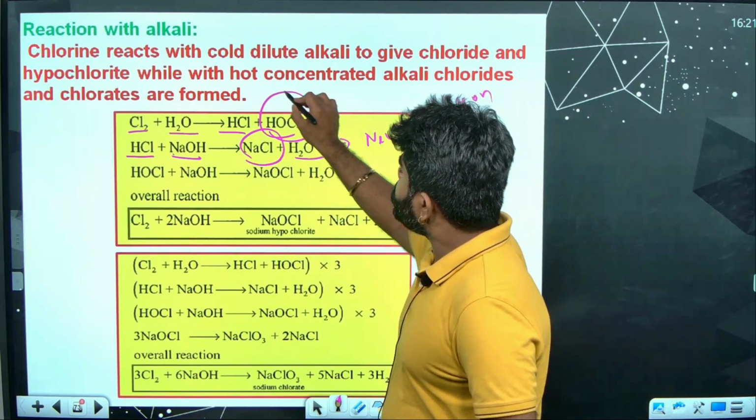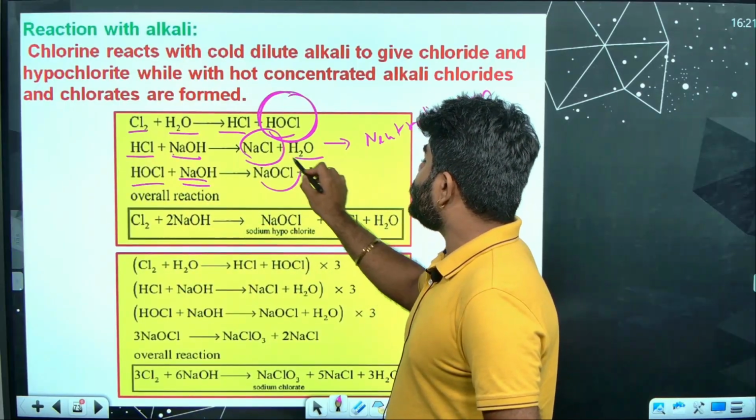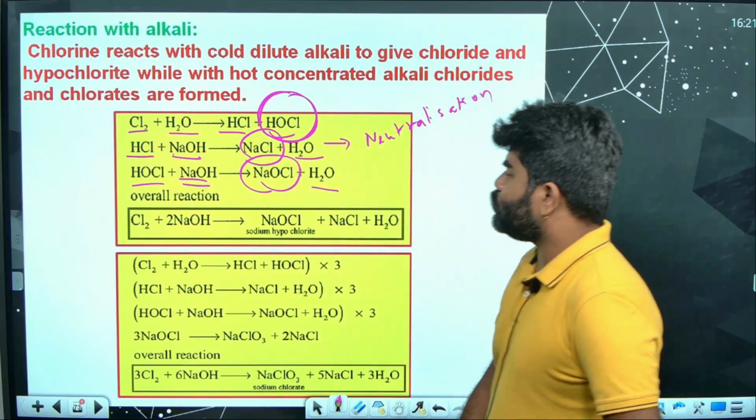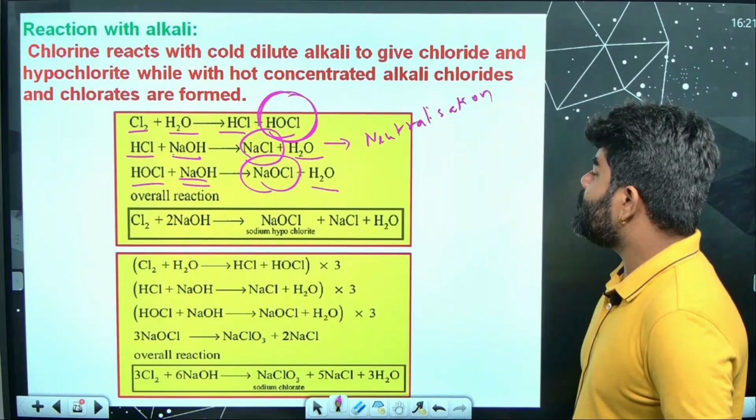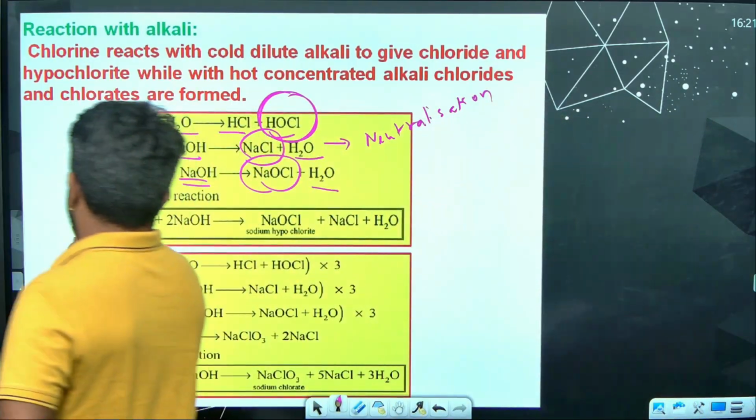Now when this HOCl is treated with NaOH, we get NaOCl and H2O, which is sodium hypochlorite. So this is the overall reaction.